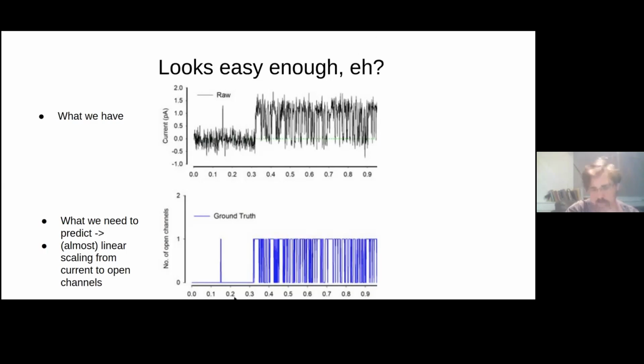So one column of the CSV file that you submit would be the time, and the other column would be, for each point in time, how many channels you predict are open. It looks like there's a pretty high time resolution here, and so your prediction has to be at that kind of resolution that we're seeing.